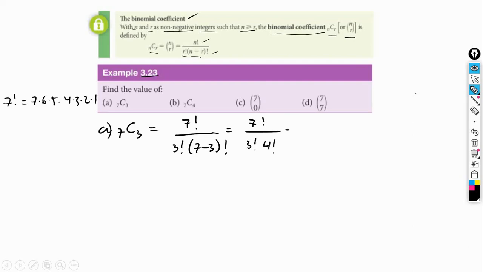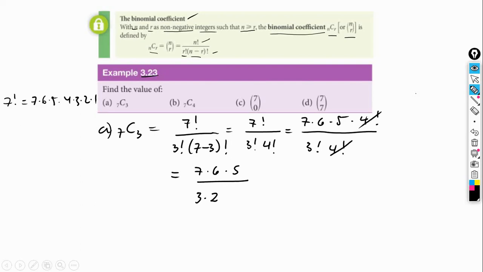So if we don't have a calculator, we can simplify this by going 7 times 6 times 5 times 4 factorial, and then we have 3 factorial times 4 factorial. So notice that we can cancel out 4 factorial, we still have 7 times 6 times 5. And then 3 factorial is 3 times 2 times 1. So notice that we would cancel the 6 out with this too, right? So that means that finally we're going to get the answer, which is 35.